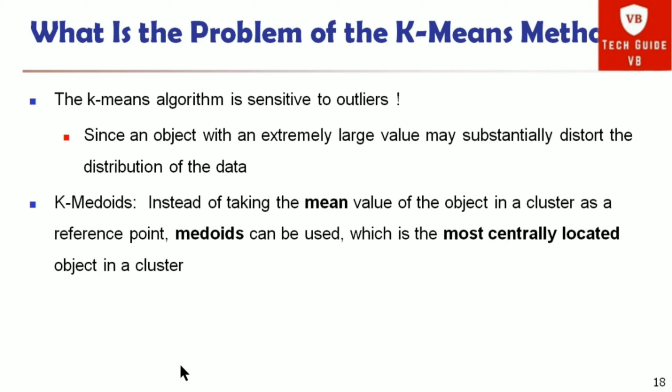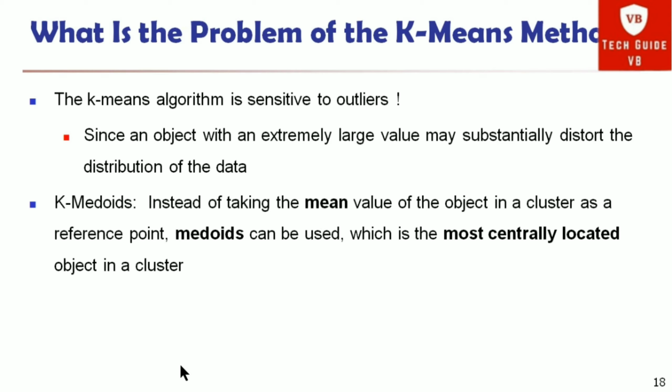So what is the problem of the k-means method? The k-means algorithm is sensitive to outliers. This is one of the problems that we have seen in the weaknesses, since an object with an extremely large value may substantially distort the distribution of the data. So in k-medoids, instead of taking the mean value of the objects in a cluster as a reference point, medoids can be used, which is the most centrally located object in a cluster.